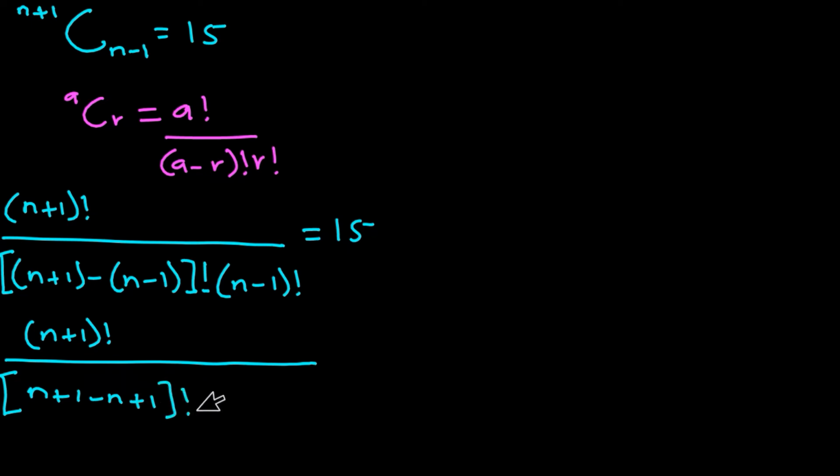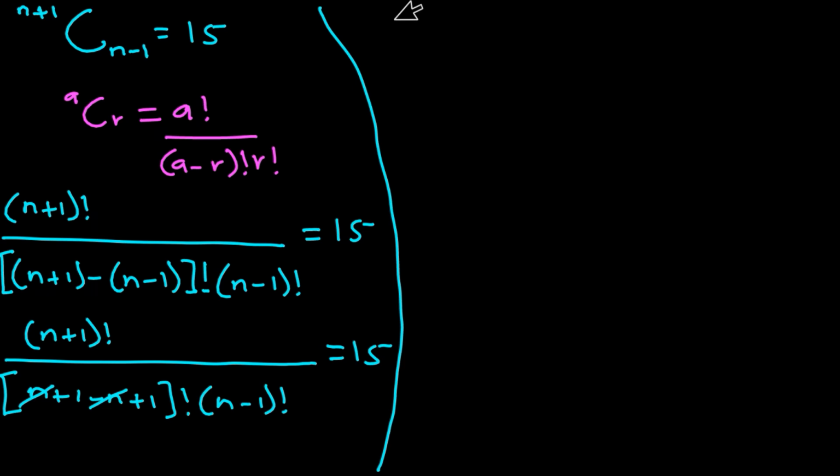And this is factorial, then I'll bring this one, which is (n minus 1) factorial, and the whole thing is equal to 15, right? So straight away you can see that this positive n will cancel this negative n. All right, so let's continue from here.